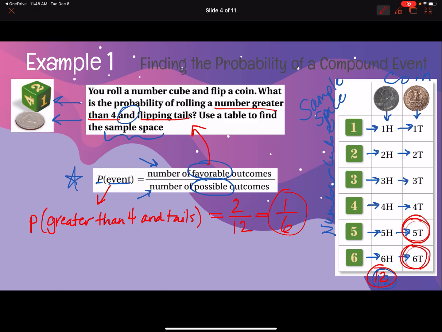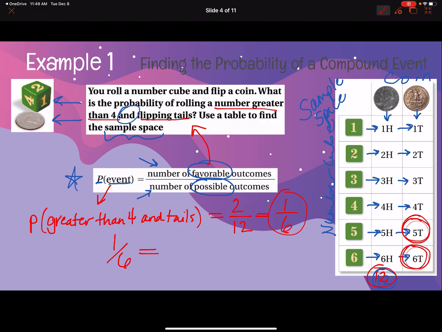Now, something else about probability is that we also may see it written as a percentage. So if you put 1/6 into your calculator and you have a button that you can convert that from a fraction to a decimal, or you can convert that to even a mixed number.